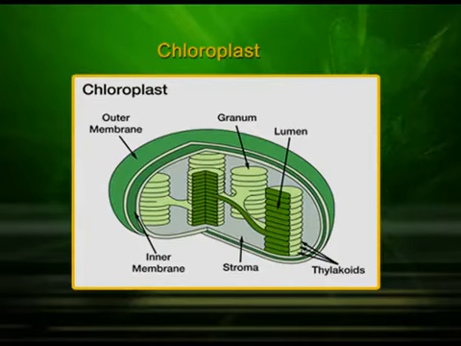In the chloroplast, there is a very clear division of labor, which part will do what. The membranous part, the lamellae, will help in trapping the light, bringing light in, and using it for the production of ATP and NADPH.